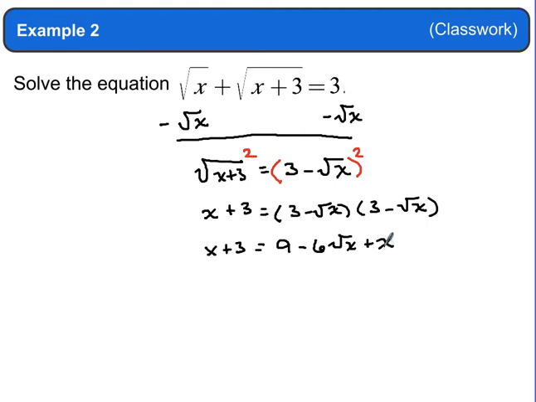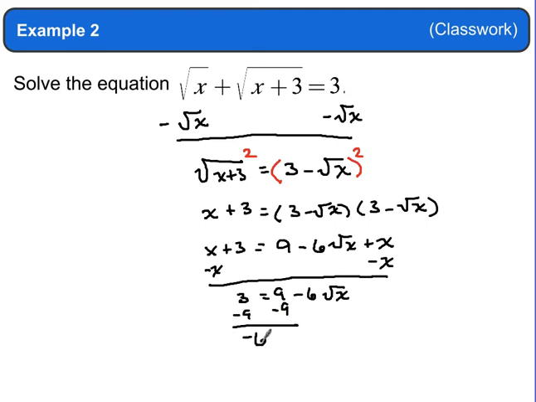And so now if you move this x over to this side, those go away. And so now we have 3 equals 9 minus 6 square root of x. We can minus 9 to the other side.